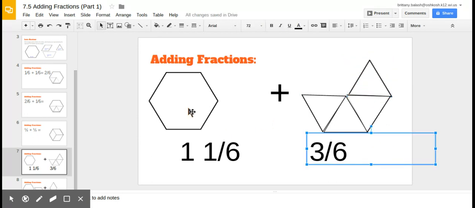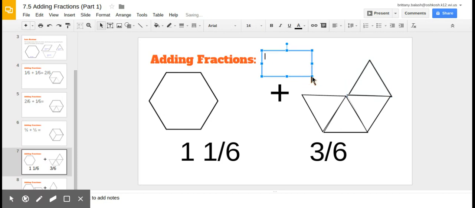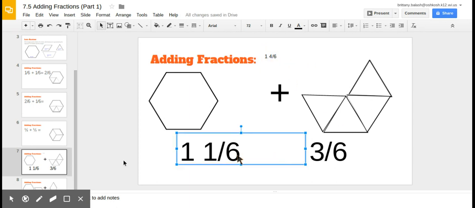So my answer would be 1 and 1, 2, 3, 4 sixths. And it would look like, if I wrote it out, my answer would be 1 and 4 sixths. Just like that.